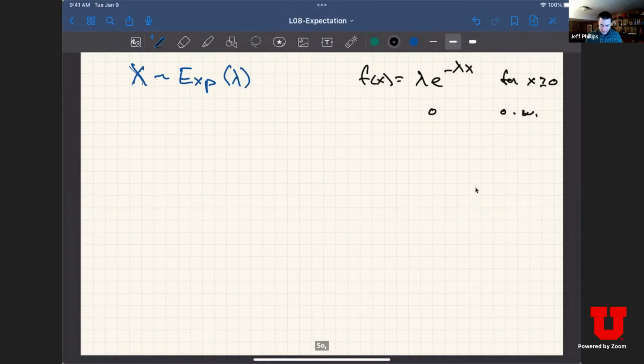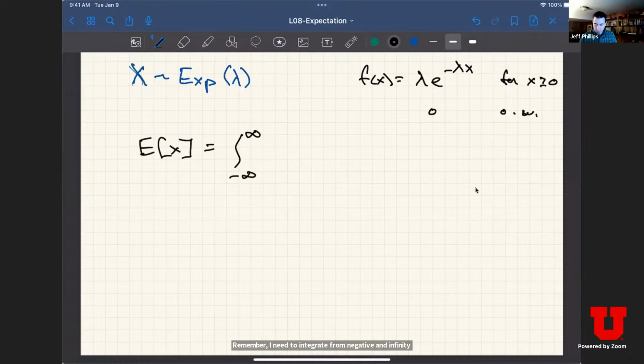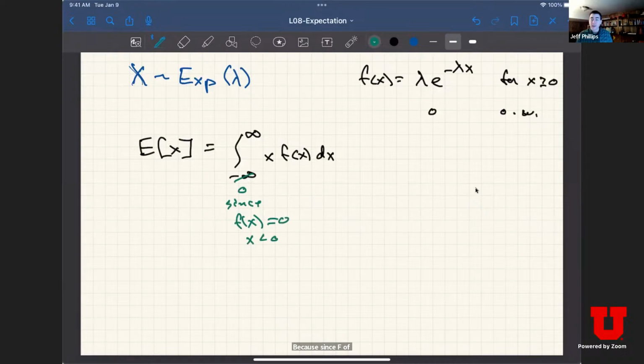And so if we write out the expectation of x for this random variable, then I need to integrate, remember, from negative infinity up to infinity. So we'll write this for x, f of x, dx, okay? But I can change this to 0 since f of x equals 0 for x less than 0. So I can start the integral at 0, right? So this makes it a little bit easier. So I can do the integral for x equals 0 up to infinity.